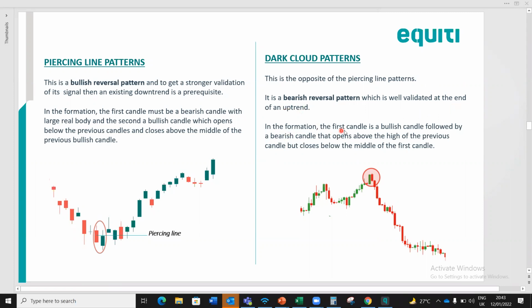Now, in the formation, the first candlestick is a bullish candle followed by a bearish candle that opens above the high of the previous candle, but closes below the middle of the first candle, just like we have here. So we can call this the dark cloud pattern.